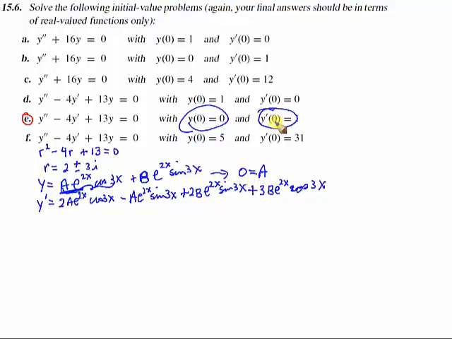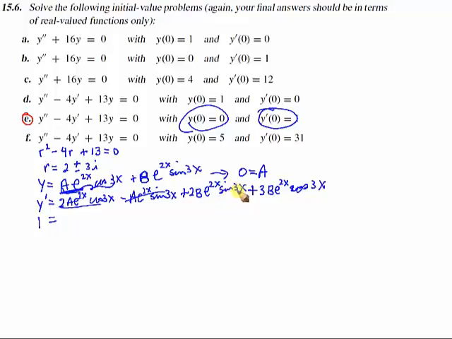Now, we've already determined that a is 0, so we can plug a 0 in for a, a 0 for x, and a 1 for y prime. So we got 1 equals, now this 2a would be 2 times 0. So it doesn't matter what the rest of this is, that's going to be gone. Plus, and again, the a is 0, so that's going to be gone. And we've got 2b e to the 2x sine 3x. We're going to plug a 0 in for this x. That'd be 2b e to the 0, which is 1.